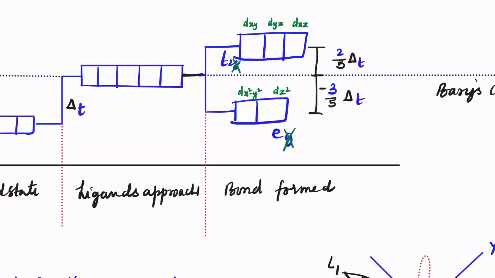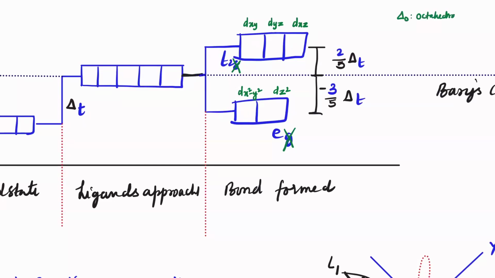Okay. And since the E set orbitals now have lower energy, how much energy will each orbital have? Because these three orbitals' energy is now lost here, that means it will be minus 3 by 5. And these two orbitals' energy is gained here, so it is 2 by 5 delta T. See, when I use delta naught, that is for octahedral splitting.